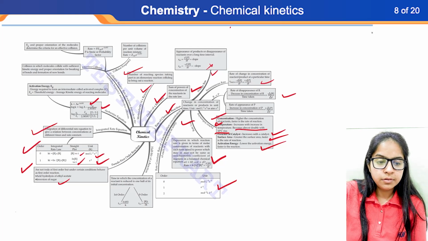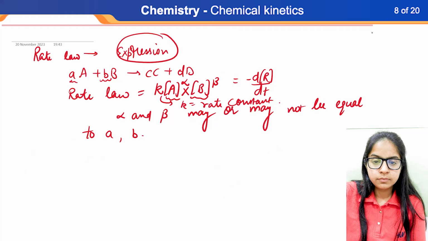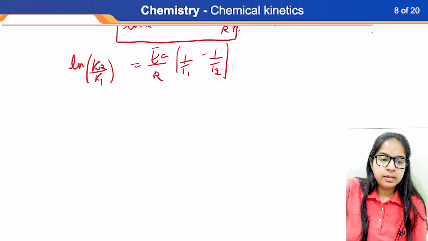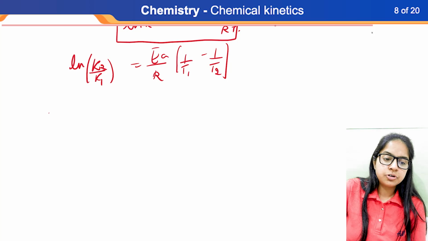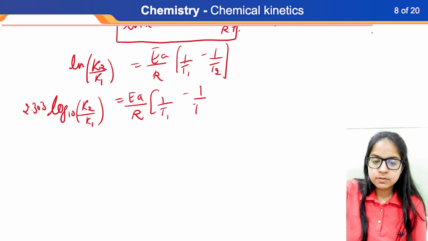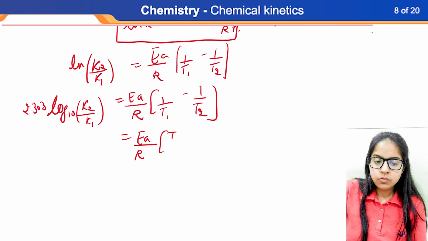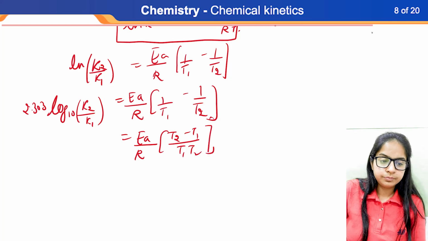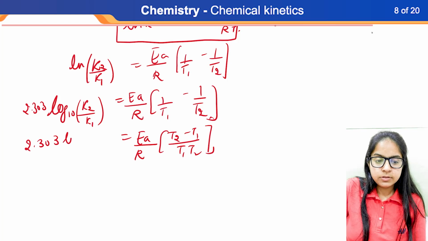Now we can change this natural log to log 10. So 2.303 log 10 K2 by K1 equals EA by R into 1 by T1 minus 1 by T2, which is EA by R into T2 minus T1 by T1 into T2.